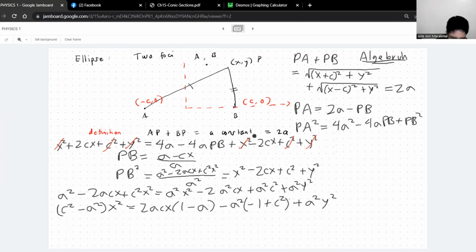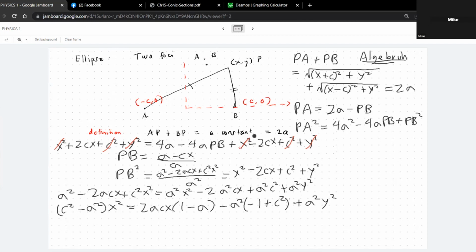Parang uncomplicated, no? Parang some algebra cannot be this complicated. It's simply impossible. Oo nga. Kasi, yung medyo tricky kasi yung bakit may, sige. Tingnan natin ulit. So, PB, so x squared plus 2c.